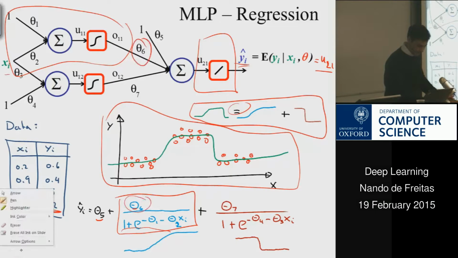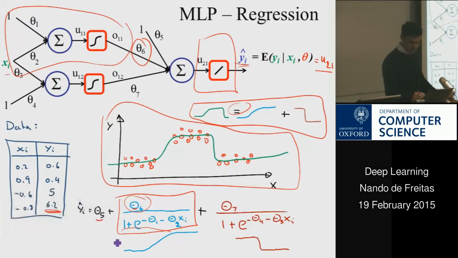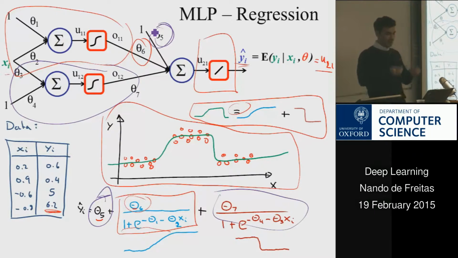Okay? And then we do the same thing with this other term here, which corresponds to this neuron here. So we scale it with theta 7, and it's a neuron. And then to move this up and down, we add theta 5. So theta 5 can move the function up and down.